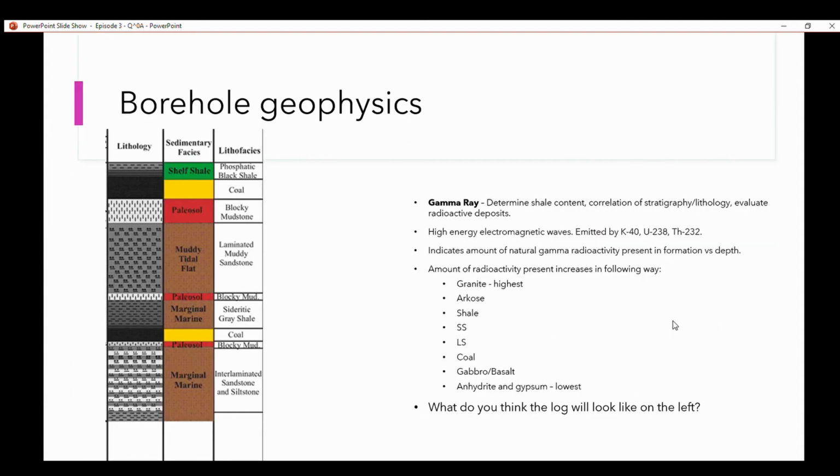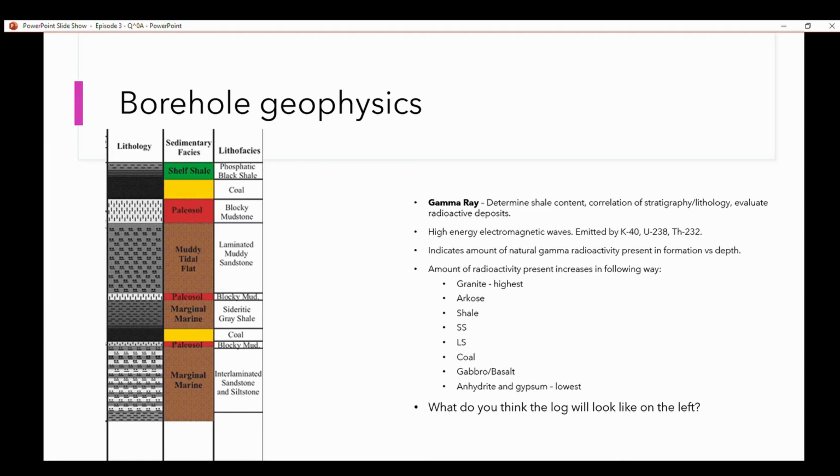All right, so we're getting into gamma now. Gamma ray is used to determine shale content. It's used to correlate stratigraphy and lithology, and to evaluate radioactive deposits such as uranium. It measures high-energy electromagnetic waves emitted by potassium-40, uranium-238, and thorium-232 isotopes.